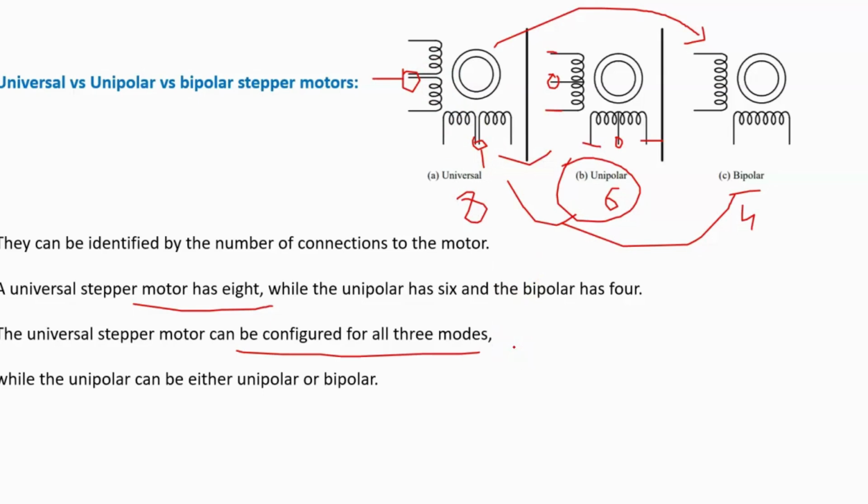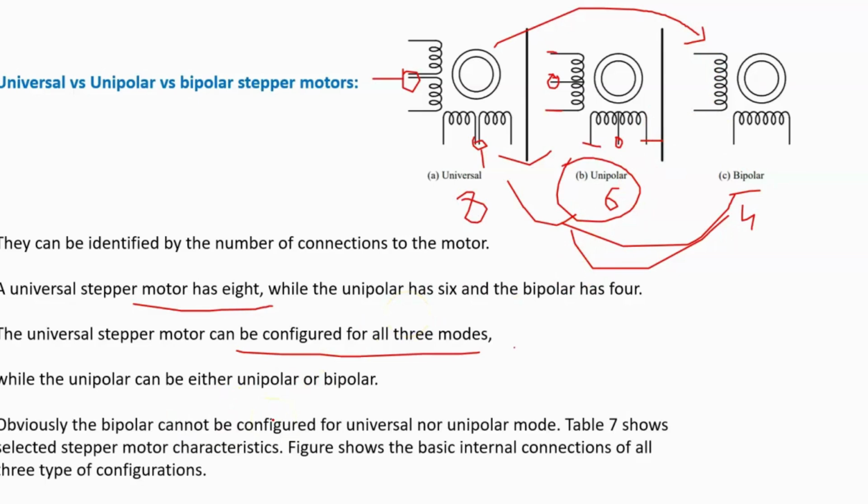Because it can be configured into all other types of motors, whether unipolar or bipolar. Whereas a unipolar motor can also be transformed into bipolar, as we will not be using these center tap terminals, only these 4 terminals will be used, so it will become a bipolar motor. So a unipolar motor can also be used as a bipolar motor, whereas the bipolar motor can only be used for bipolar because it has a limited number of terminals.